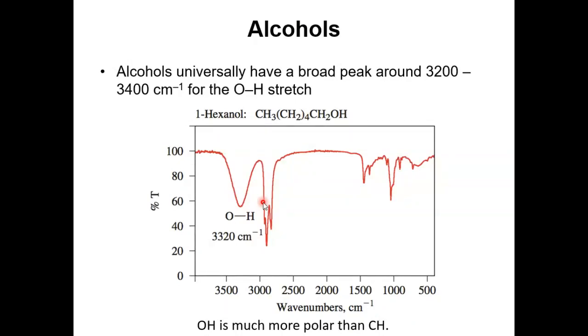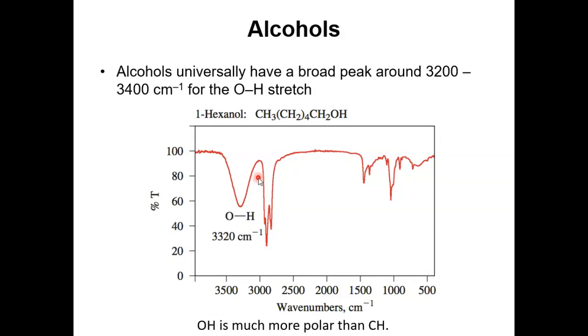Why? Because the OH bond is a lot more polar than CH bonds. That means a single OH bond's stretching vibration has a stronger ability to absorb infrared photons than 13 CH bonds, because OH bonds are a lot more polar. And why is the peak so broad?